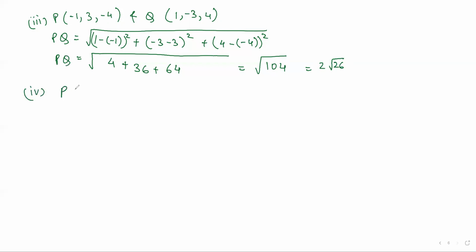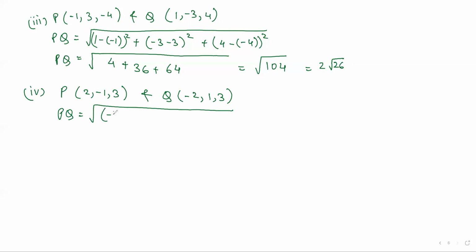Fourth part, P is 2, minus 1, 3 and Q is minus 2, 1, 3. Now here your PQ is equal to root of (minus 2 minus 2) whole square, that is x2 minus x1, plus (1 minus of minus 1) whole square plus (3 minus 3) whole square.